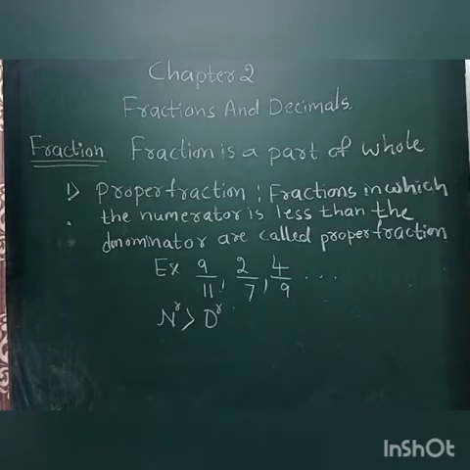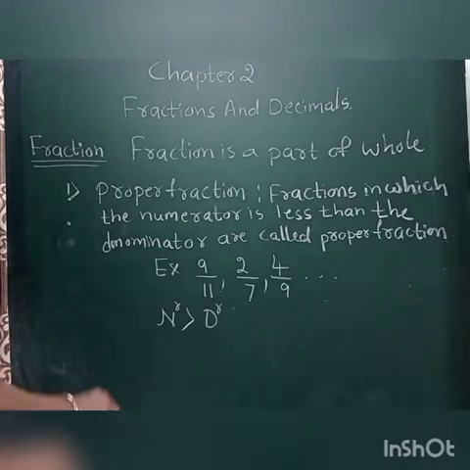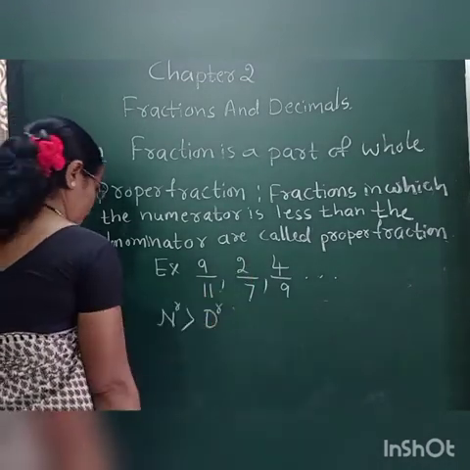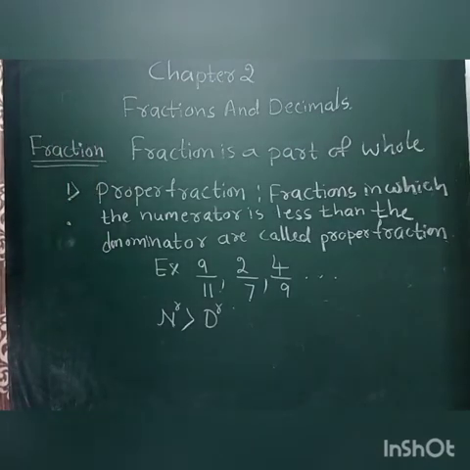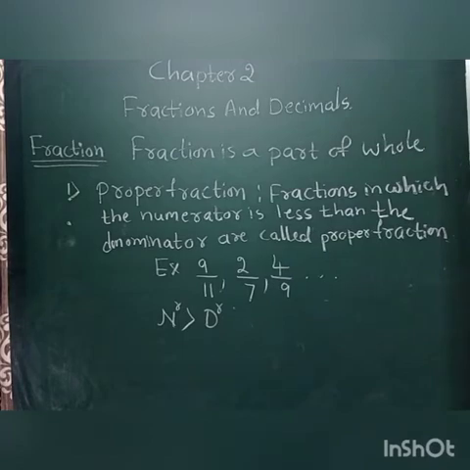The numerator is less than the denominator, it is called a proper fraction. Okay. Any examples you can give, that is 9 by 11, 2 by 7, 4 by 9, 3 by 8, like that.